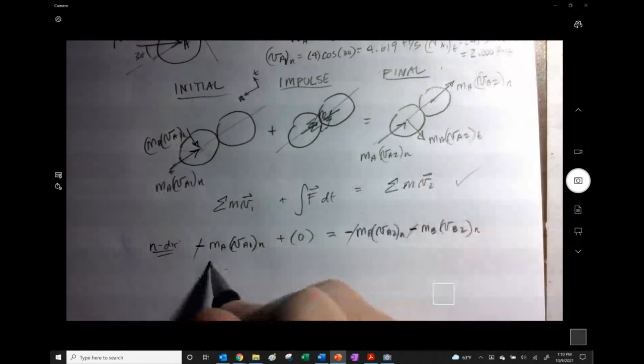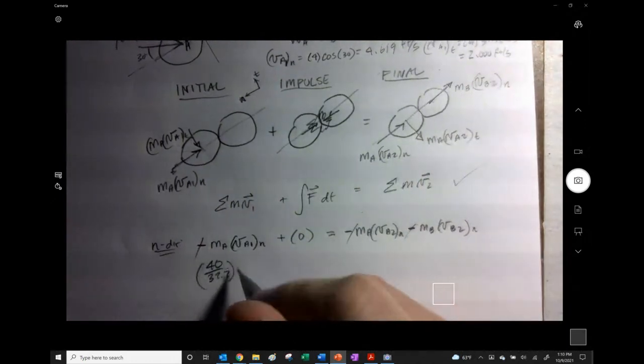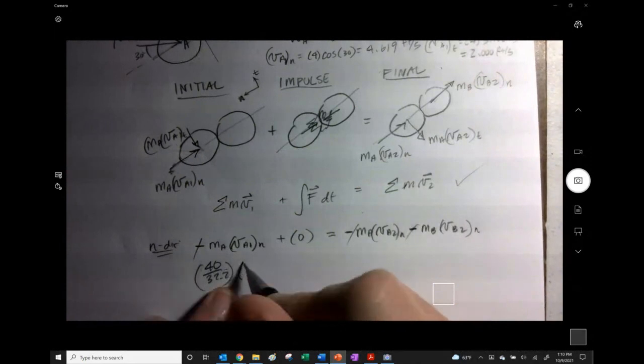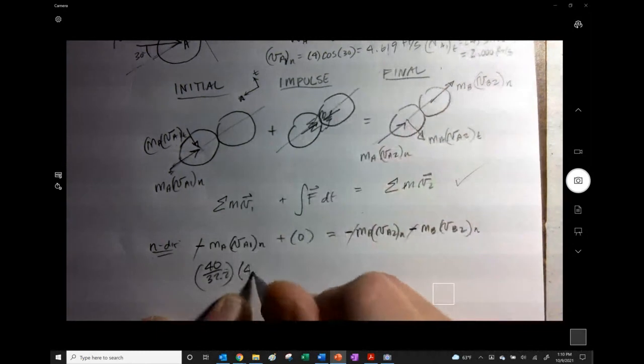And I could put in the 40 divided by 32.2. We're going to cancel it out here in a second. But here is the value, 4.619.